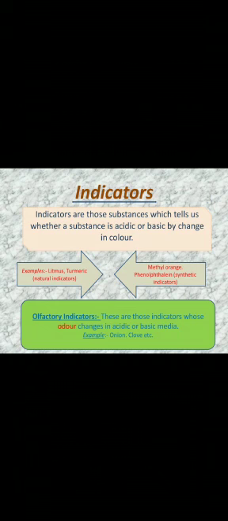Natural indicators, which are obtained from nature, for example litmus, turmeric, etc. Synthetic indicators, which are not derived from nature but are prepared in the laboratories. For example, methyl orange, phenolphthalein, etc. Olfactory indicators. These are those indicators whose odor or smell changes in acidic or basic media. For example, onion, clove, etc.